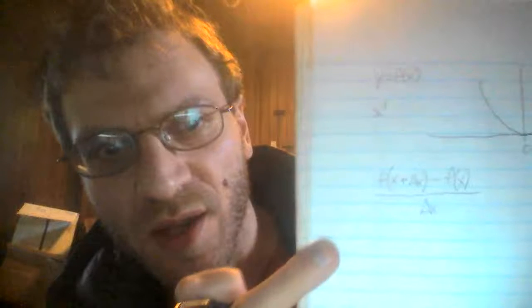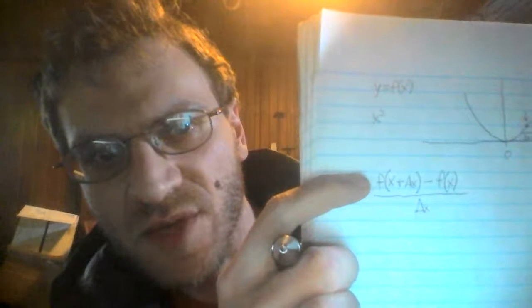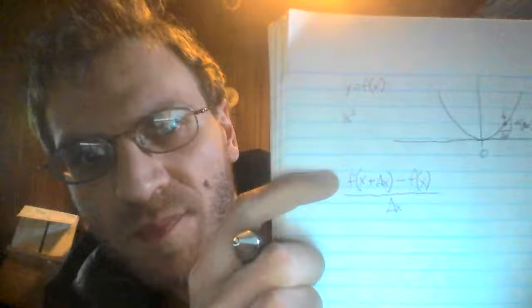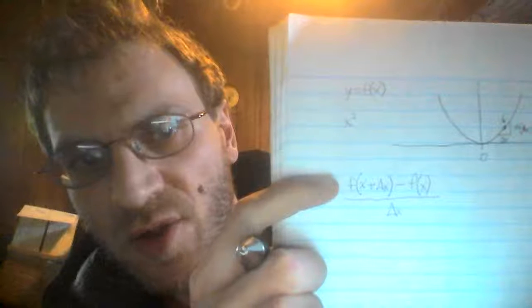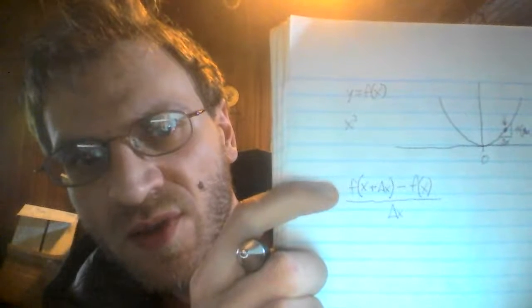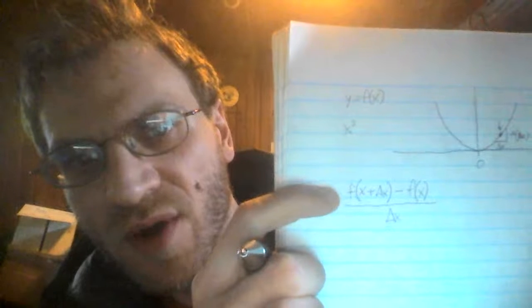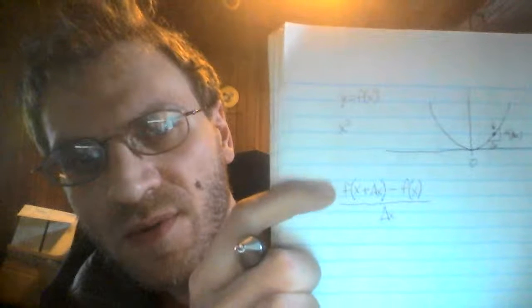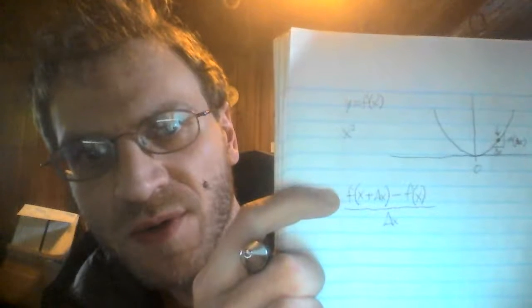At the top here is the rise. It's just the difference, subtracting f of x from f of x plus delta x. So if you have the number 2 and you subtract 1, you get 1.